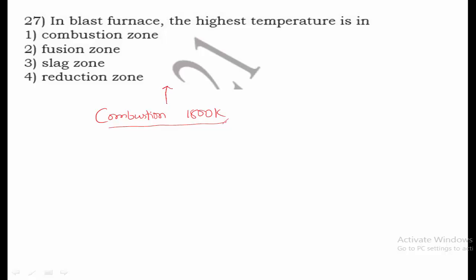And as we go to the upper region, we will find fusion zone, slag formation zone, and reduction zone. In reduction zone, you will find the lowest temperature, and since they have asked for the highest temperature, combustion zone is having the highest temperature in blast furnace, that is around 1800 to 2100 Kelvin.